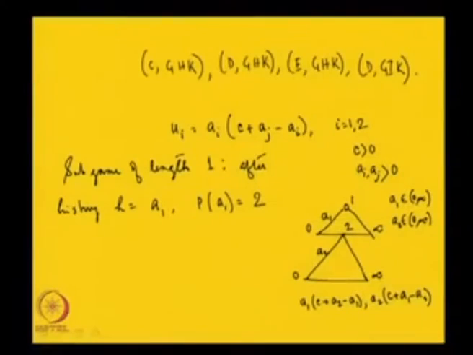Now, player 2 will choose that action which is optimal for him. So, he will try to maximize. Player 2 will decide a2 here by maximizing his payoff function, which is u2.